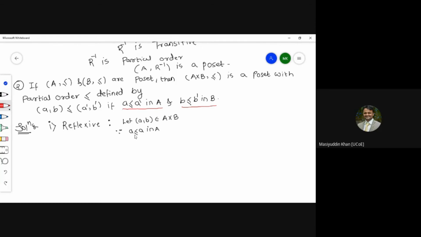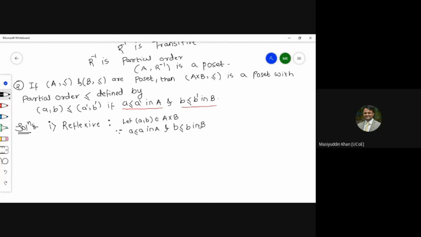So a ≤ a in A. Similarly, we have to write b ≤ b in B, because we already saw that it is a Cartesian product of the sets. The first element belongs to the first set and the second element belongs to the second set.